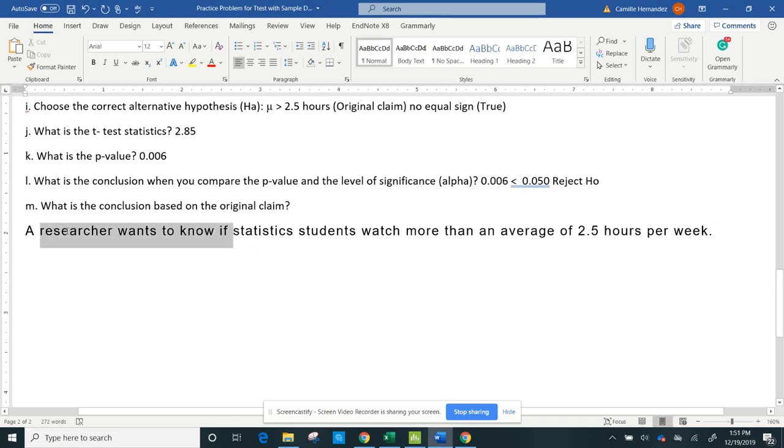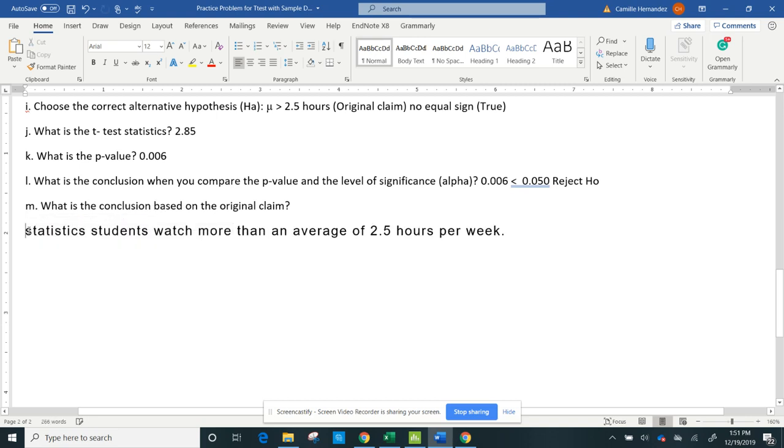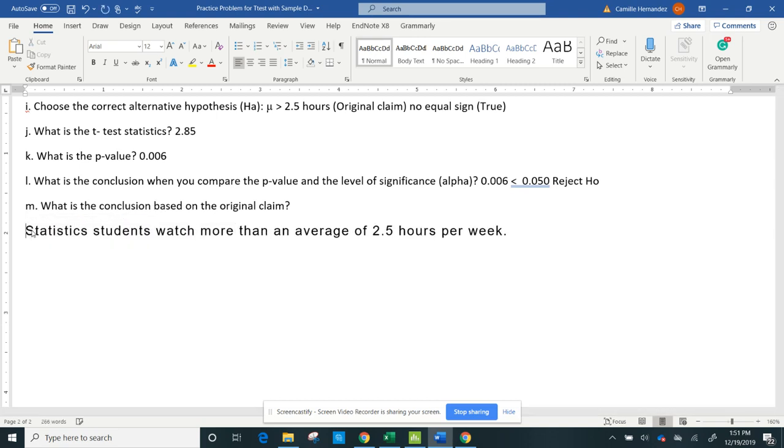I'm going to say statistics students do watch more than an average of 2.5 hours per week. Okay. And I'm even going to add some more stuff to it. I'm going to say this: at the 95% level of confidence.